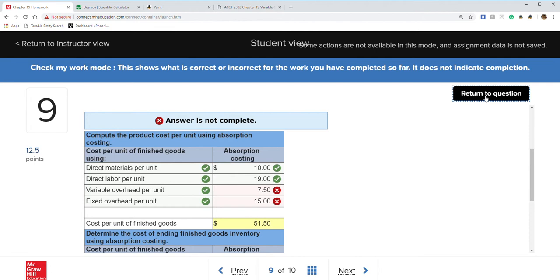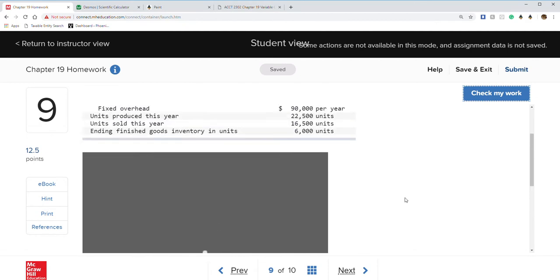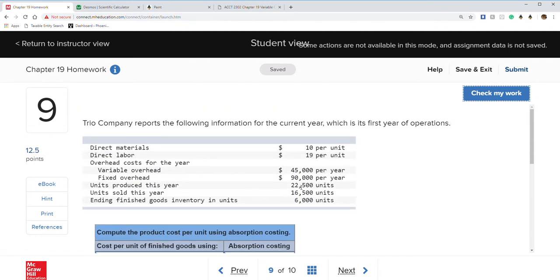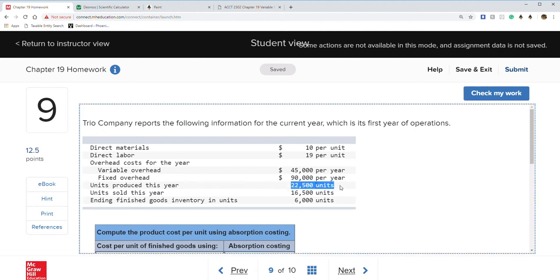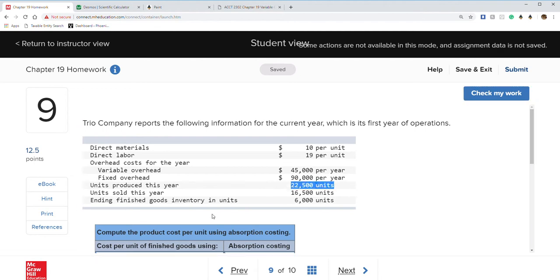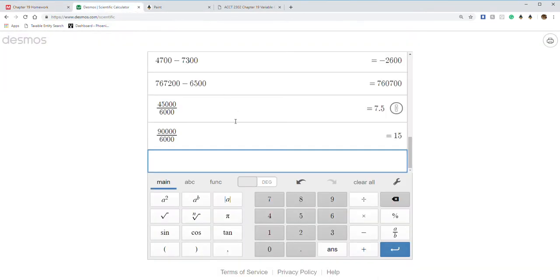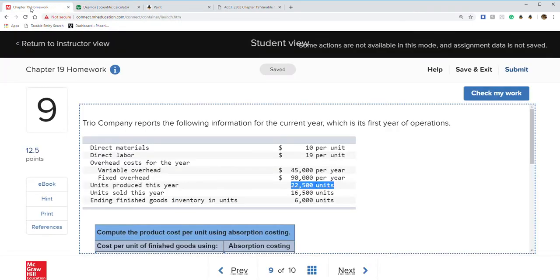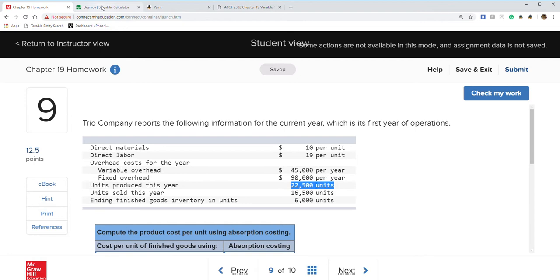Why? Oh, because you used the ending finished goods and not the total. That is correct. So, every now and then, you know I like to do the mistakes just to show that things happen. Okay? We actually do go by production no matter what. Even though it gives us these two, it's always by production. So, 45,000 divided by 22,500.